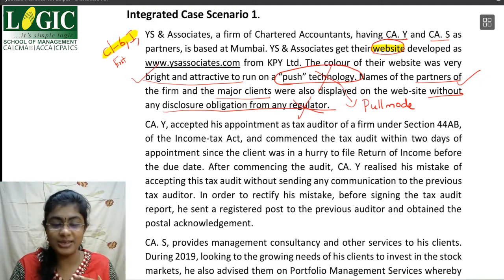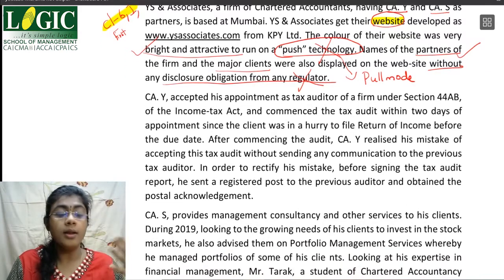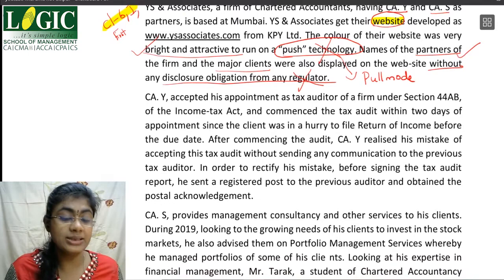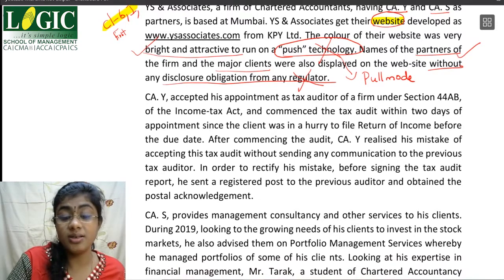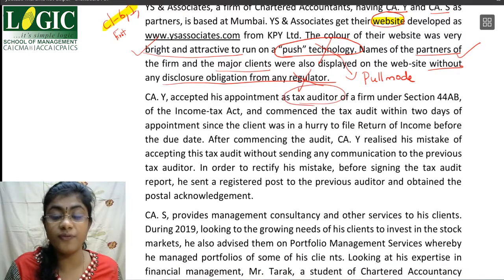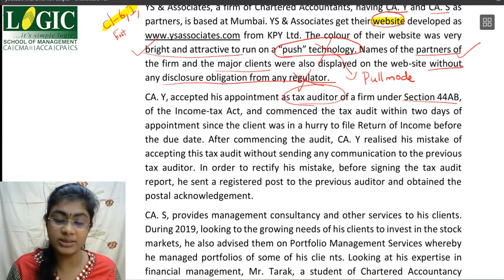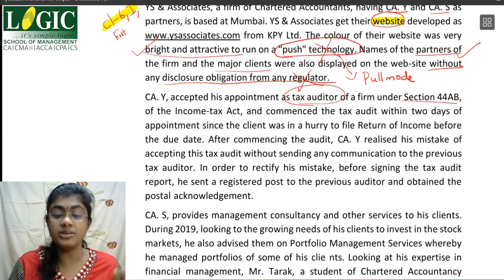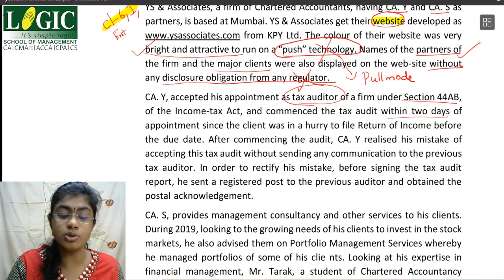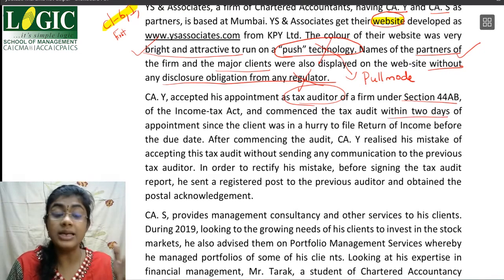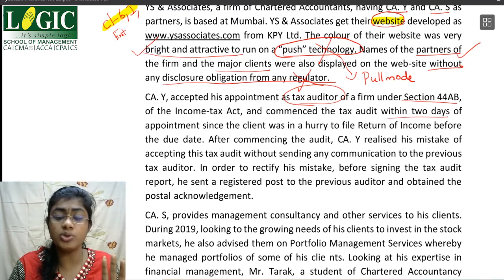Shall we move on to the next one? CAY accepted his appointment as tax auditor of the firm under Section 44AB of the Income Tax Act and commenced the tax audit within 2 days of appointment, since the client was in a hurry to file the return of income tax before the due date. Okay.